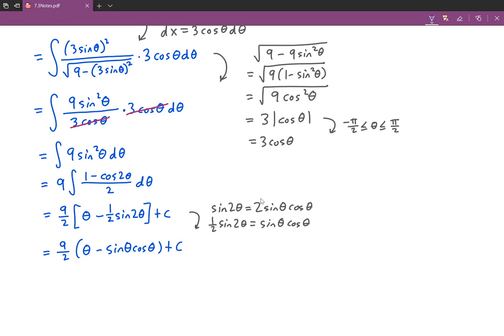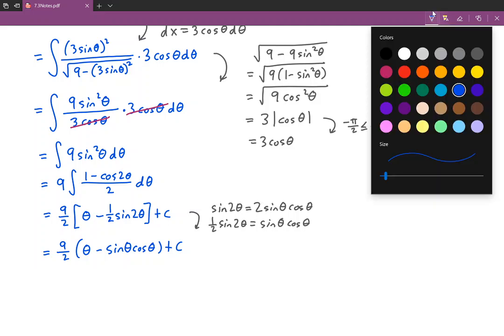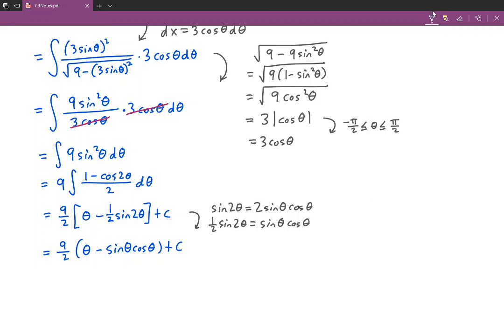Almost there. So now what we have to do is, again, our goal is to get from thetas back into the original variable, which is x. So let's go ahead and write up the relationship between those two variables. Remember that x equals 3 sine theta.